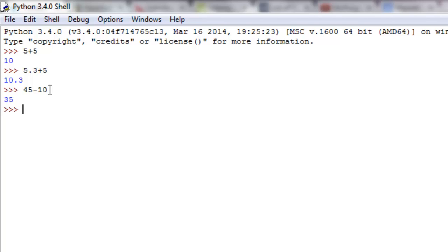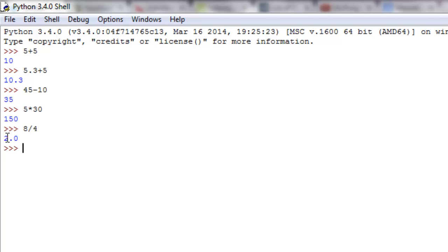So that's your subtraction. Multiplication is just the star symbol. So let's say 5 times 30 is that. And then to divide, we can say 8/4. That would give us 2.